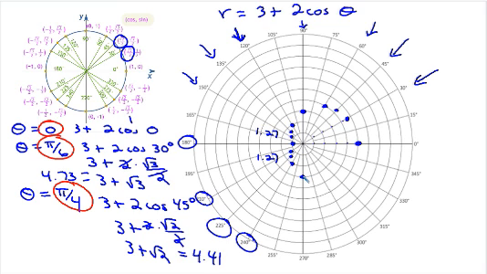Okay, at 300, we're going to be just a little bit past, just like we were at 60. I'm sorry, at 60, we were right at 4. That's my mistake. We were right at 4. And then we keep growing just like we did before.